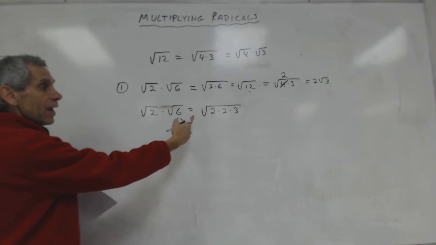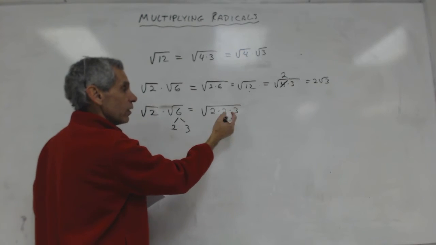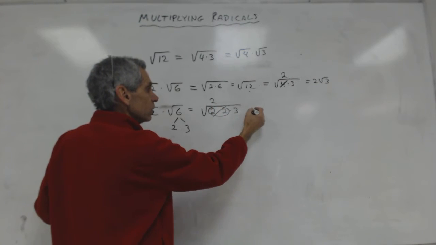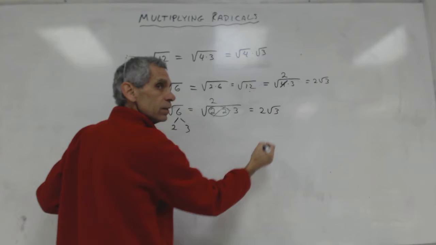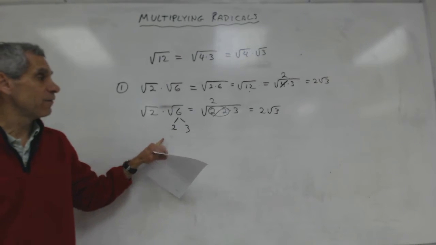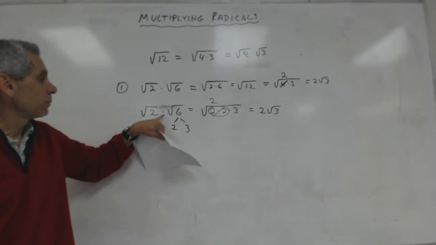And if there are 2 of any one thing, that comes out. So that's going to disappear, and I have 2 square root of 3. Essentially, I did it faster by simplifying all of them.